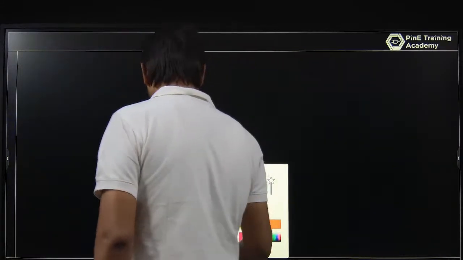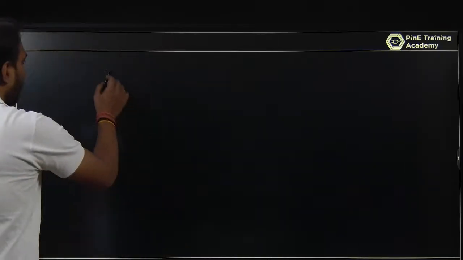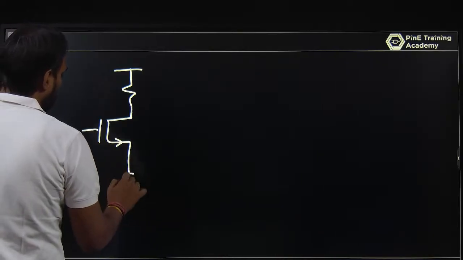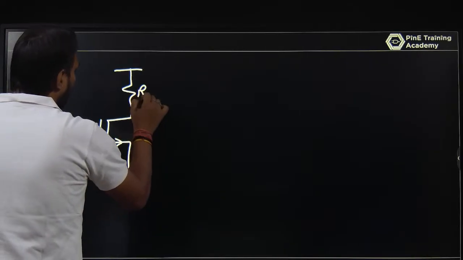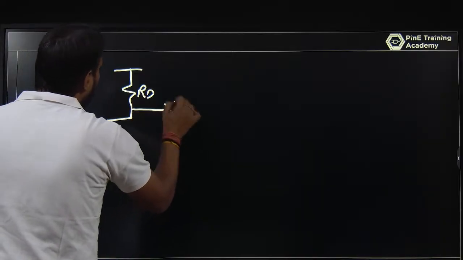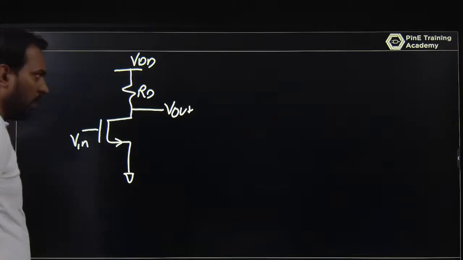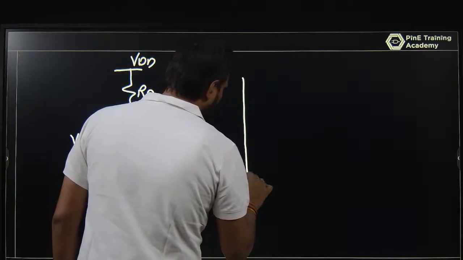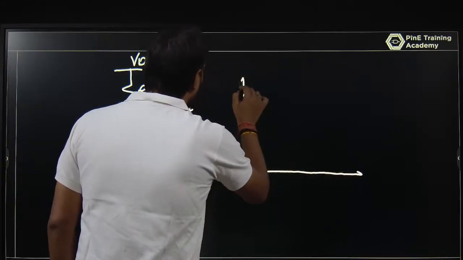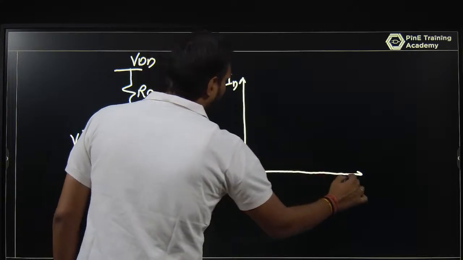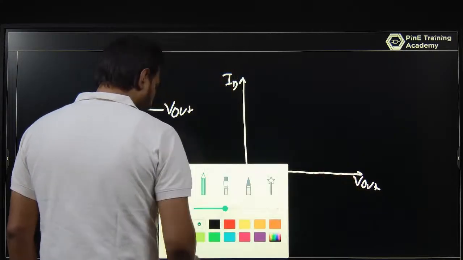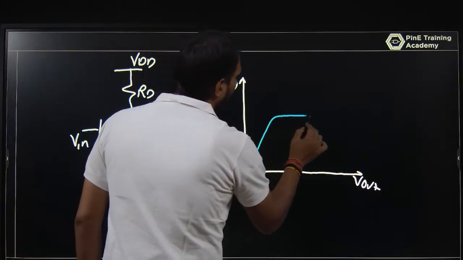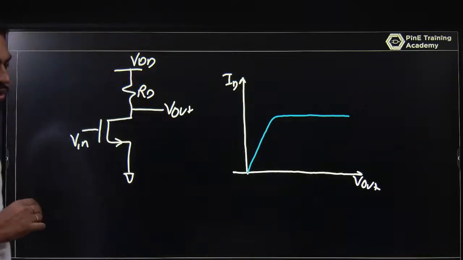So let's talk about the load line. Of course, you must have a basic understanding of load line. If you have a VDD, you know ID versus V out. If V out is changing, the MOSFET acts like this: with lambda 0, the current is a straight line.